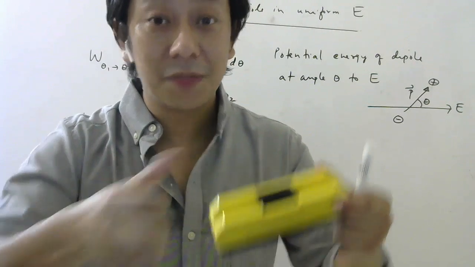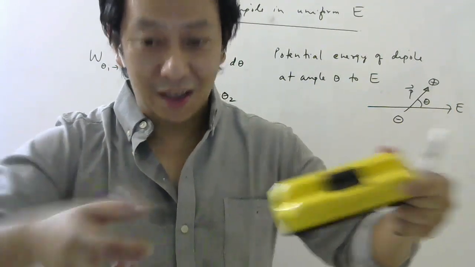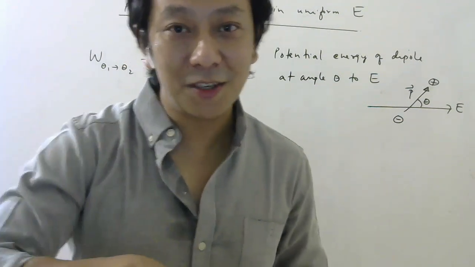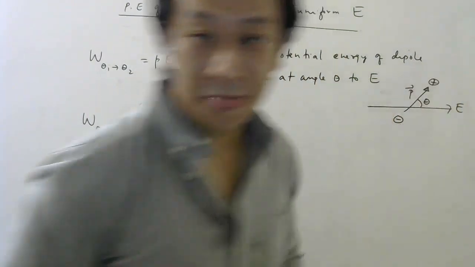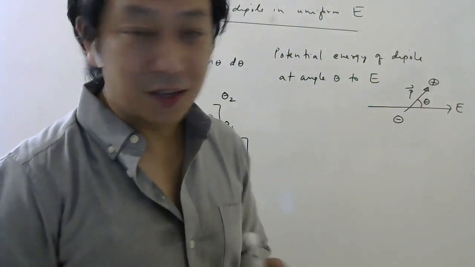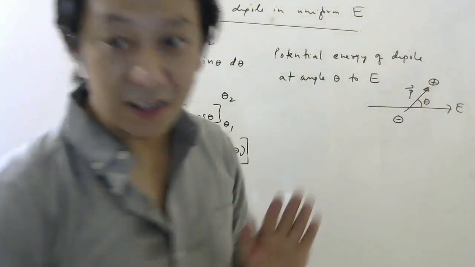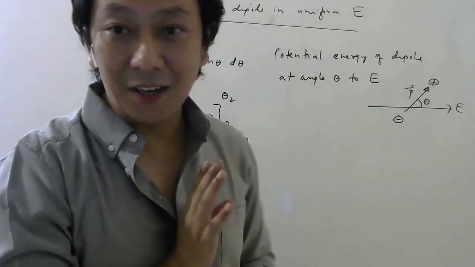Take a spring, stretch it. There is energy stored now because you have done work against the spring force. When you leave it, that potential energy gets converted to kinetic energy. Similarly, if I keep this dipole at this position, it will have some energy stored. If I leave it, that stored energy will be converted to kinetic energy. It will be rotational kinetic energy, no doubt, but there will be kinetic energy, right, students?